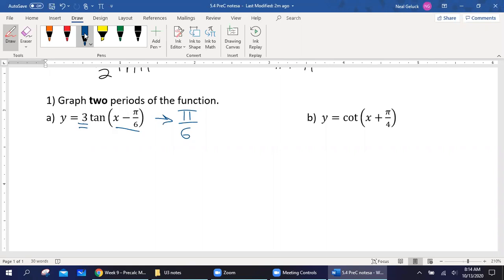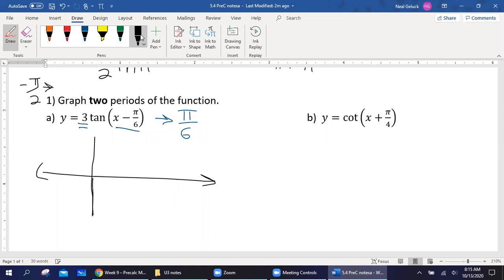Well, I did have an asymptote at negative pi over 2. I'm just picking one of them to start with. That asymptote is going to get shifted to the right by a distance of pi over 6. So if I add pi over 6 to that, negative pi over 2 plus pi over 6, get common denominators, you'd have negative 2 pi over 6 or negative pi over 3.